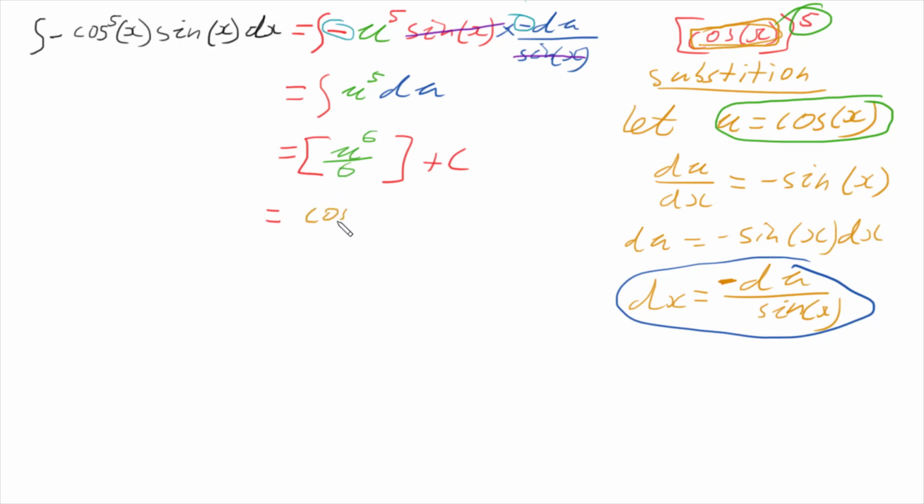So we're going to have cos x, but now it's raised to the power of 6, divided by 6, plus c. So there we go. Our integration of negative cos to the power of 5 x times sine x with respect to x is cos to the power of 6 on 6 plus c.